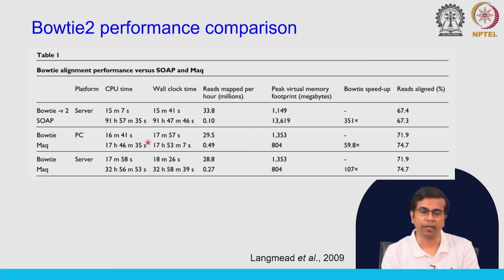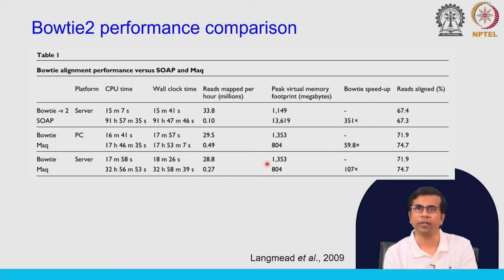Similarly, there are other comparisons between Bowtie and Mac. You can see in PC and in server versions, and in all these comparisons you can see these differences. There is a substantial difference in speed between Bowtie and Mac, and you can also see the memory usage. Memory usage in Mac is slightly lower, but there is a trade-off: you need more time.